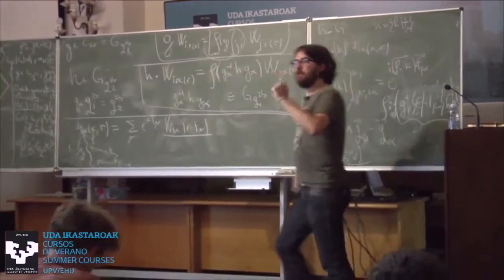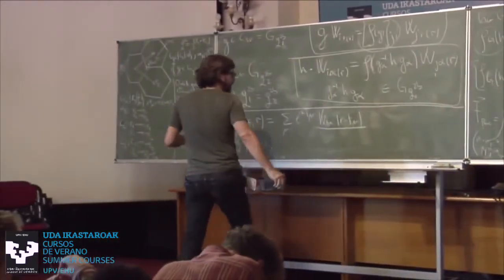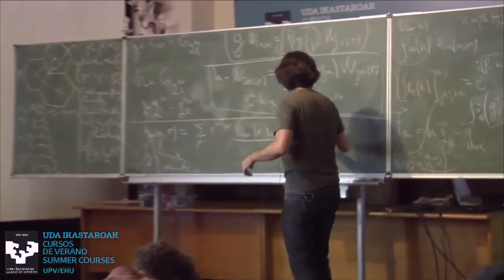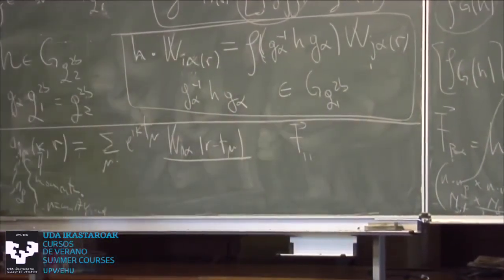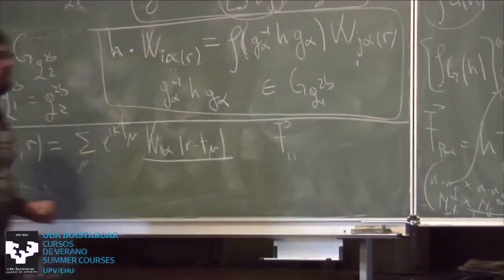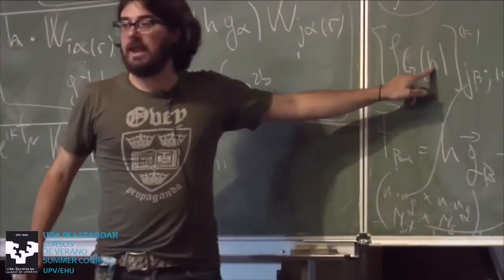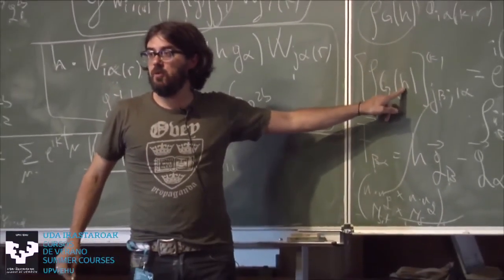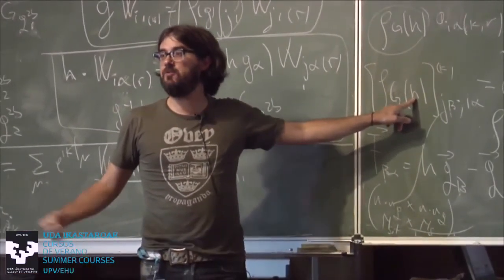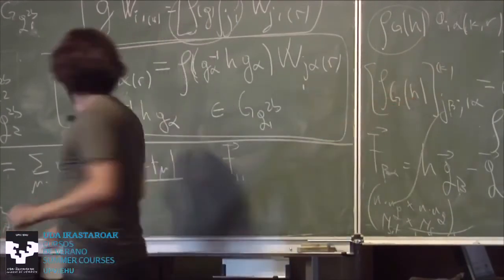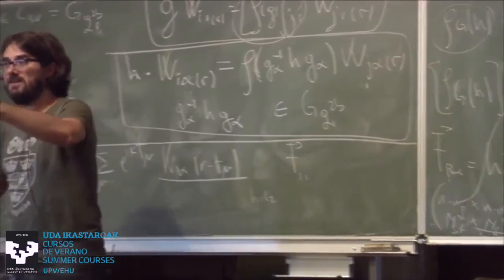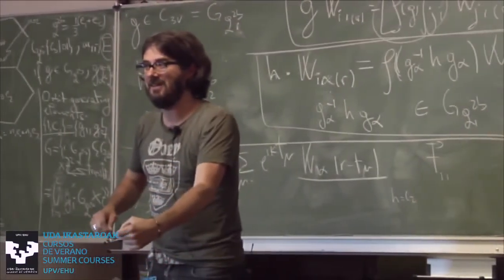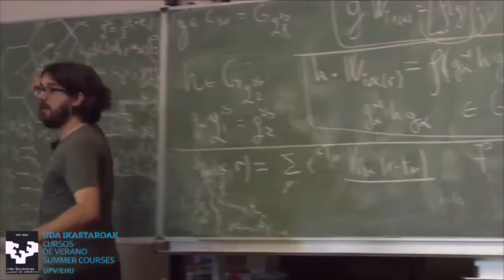So let's see what it does here, right? Let's compute T11 for the graphene lattice. I'll compute it for H equal to C2. H does not belong in the site symmetry group of this guy.